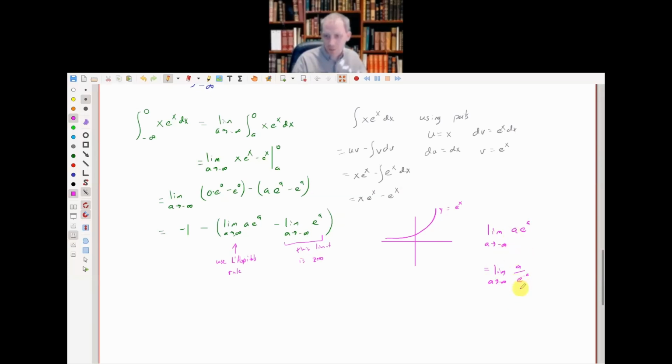Same thing, right? And now as a goes to negative infinity, my numerator is going to go to negative infinity, and my denominator, e to the negative a, goes to e to the positive infinity, which is infinity. And so I can use L'Hopital's rule.